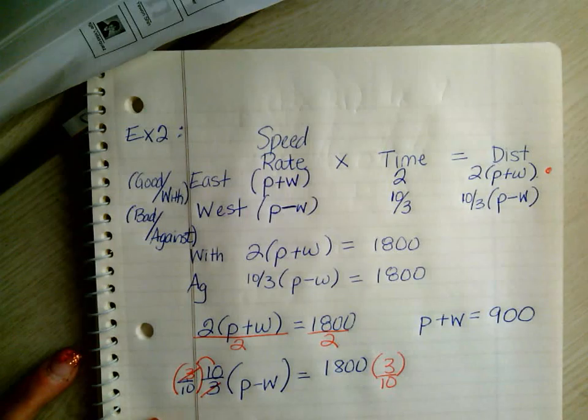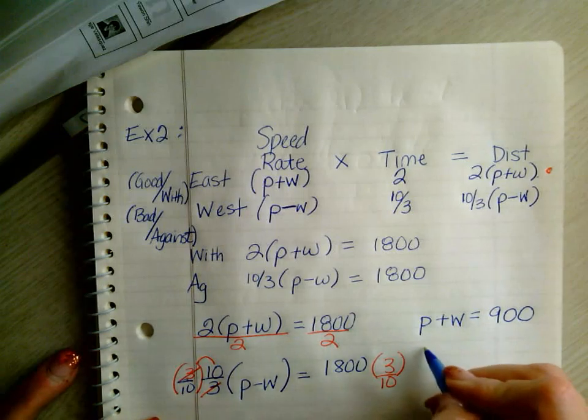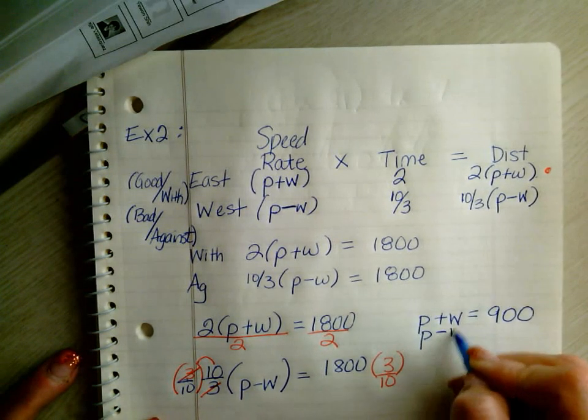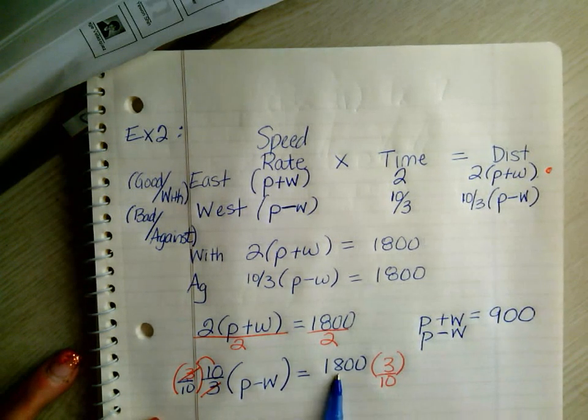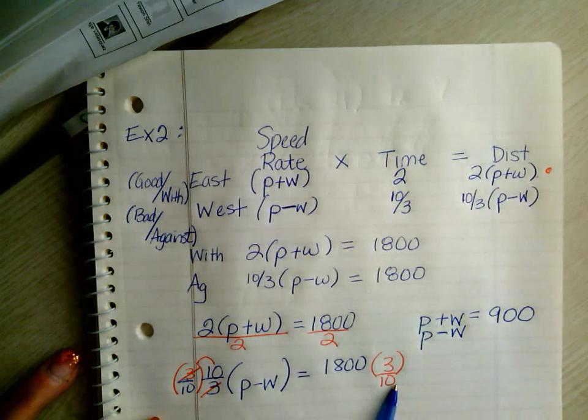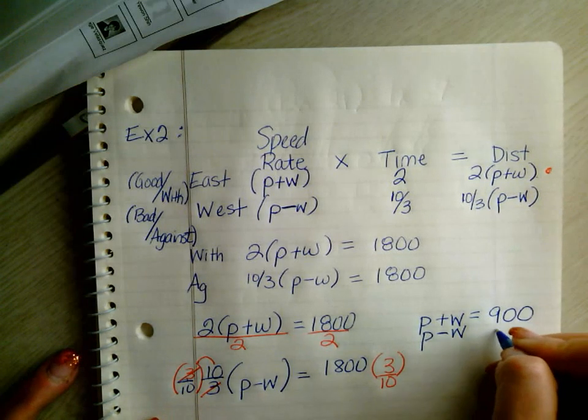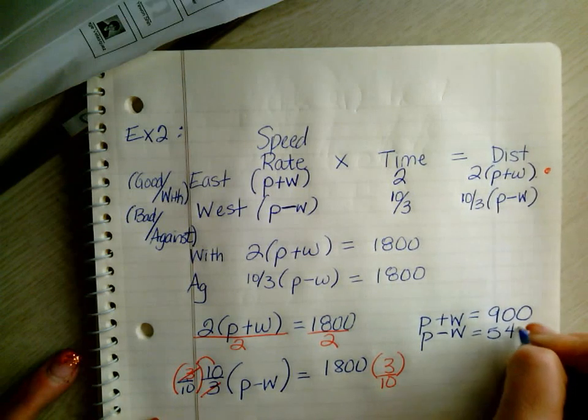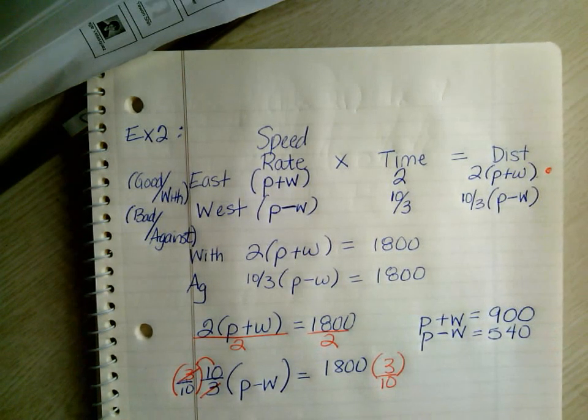You will end up with p minus w, and then if I multiply 1,800 times 3 and divide it by 10, you end up with 540.